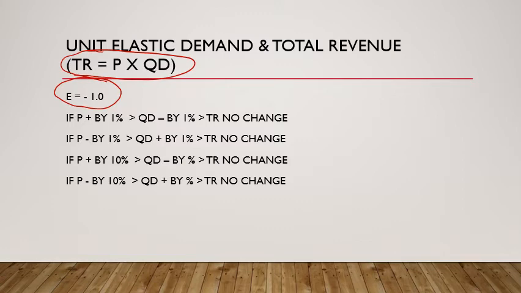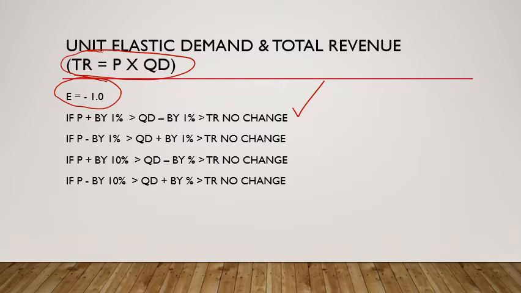If the price changes, this will have an effect on QD, and in turn, this will have an effect on total revenues. So, let's do the first one here. If price goes up by 1%, QD will go down by 1%, up by 1, down by 1. What happens to TR? No change.